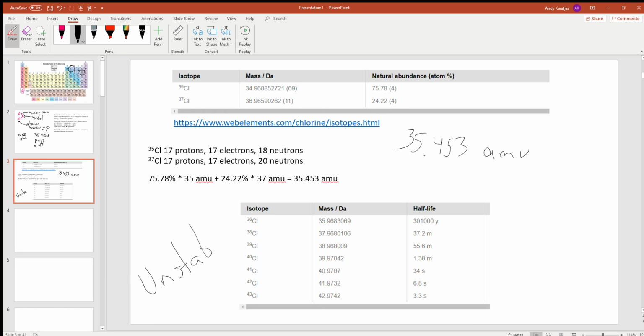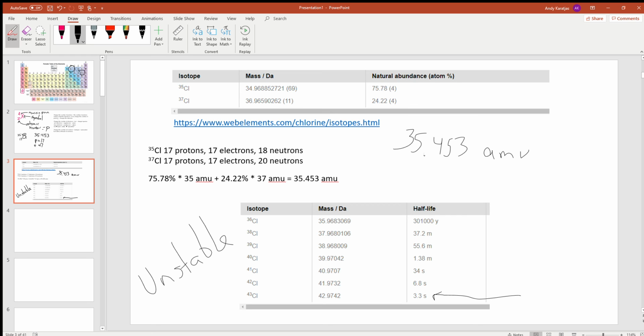Or they're radioactive. So in other words, over time, an atom of chlorine 41 will decay into some other element. Some of them decay very quickly. For example, we can see chlorine-43, the heaviest of the chlorine isotopes, has a half-life of just 3.3 seconds.